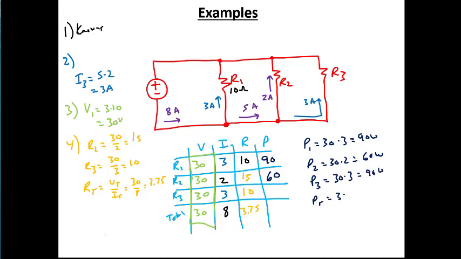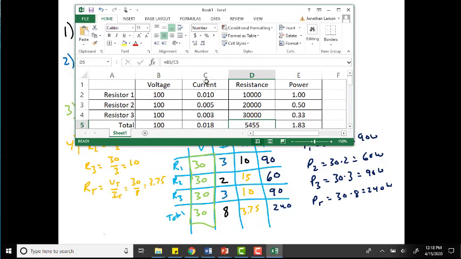And then P total is 30 times 8, back up, 30 times 8. And that's going to be 240 watts.